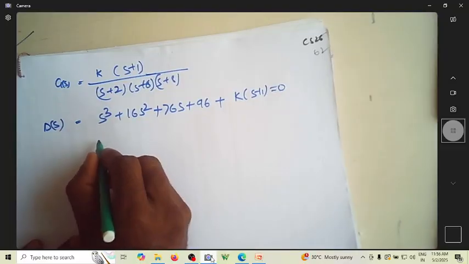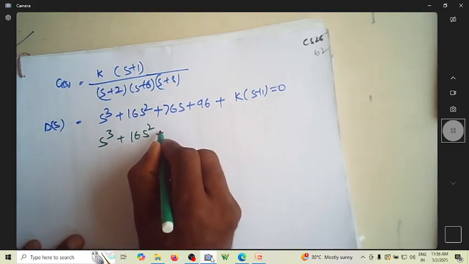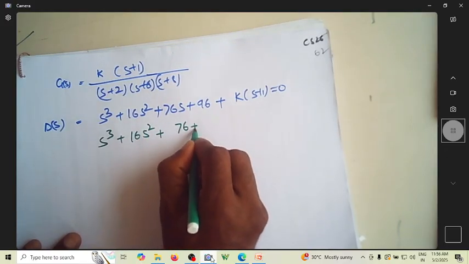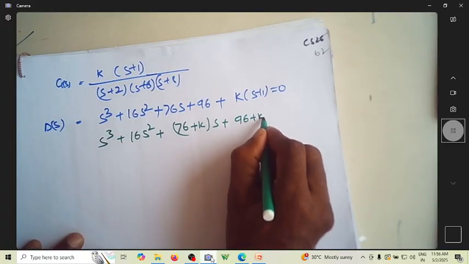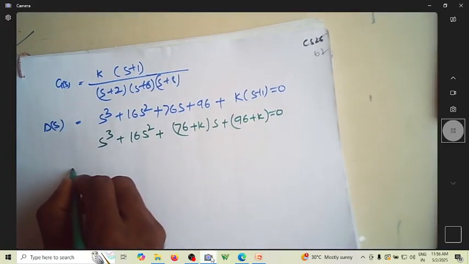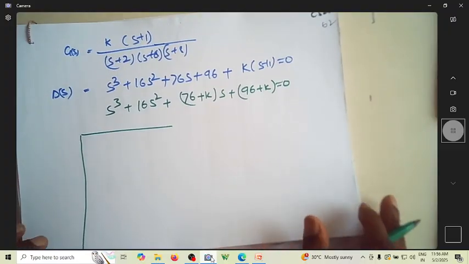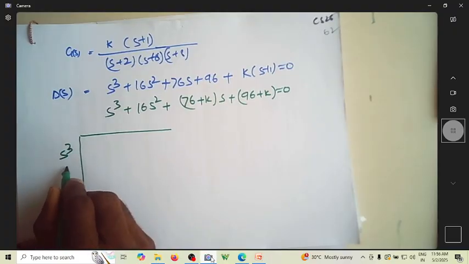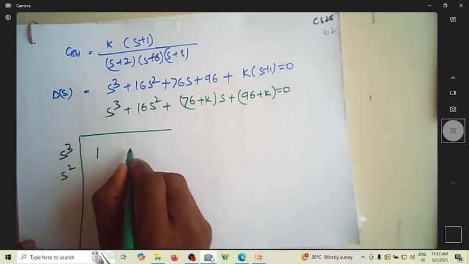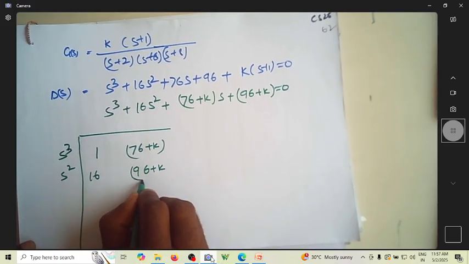Let me just rewrite this. It is s cube plus 16s square plus (76 plus k)s plus (96 plus k) equal to 0. Let us find whether this system is stable or unstable. In the s cube row we have 1 and 76 plus k, and in the s square row we have 16 and 96 plus k.